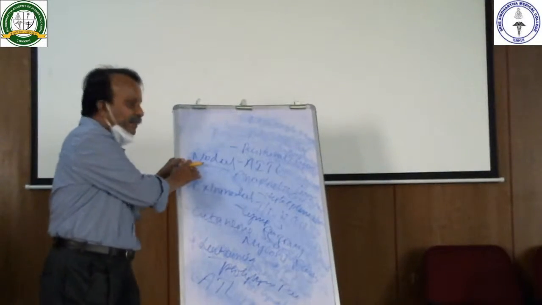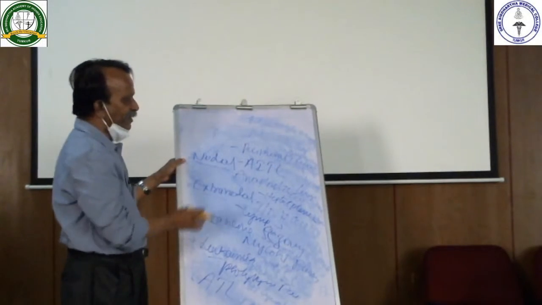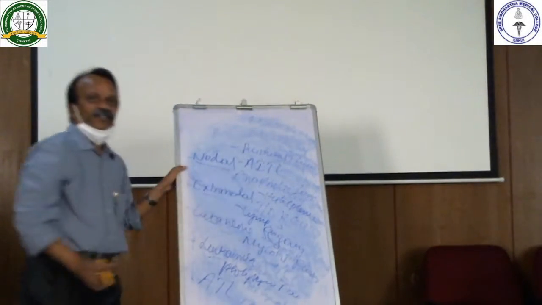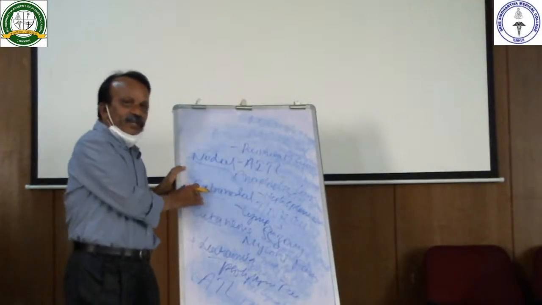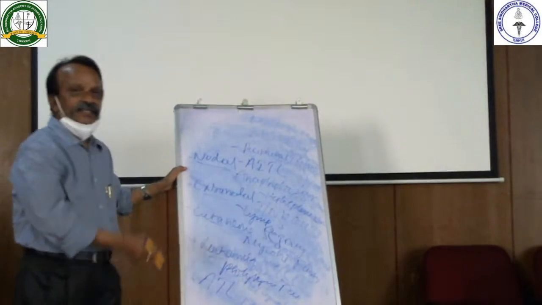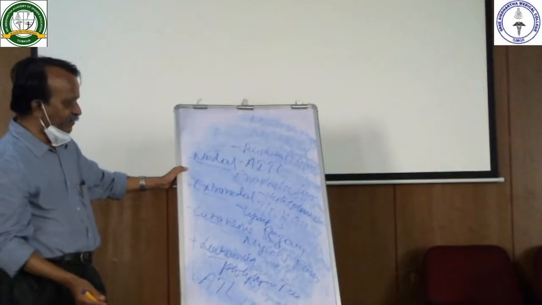One is nodal, that is angioimmunoblastic T-cell lymphoma, peripheral T-cell lymphoma not otherwise specified, anaplastic large T-cell lymphoma. In the extranodal, hepatosplenic type, and then T/NK cell type of non-Hodgkin lymphoma.